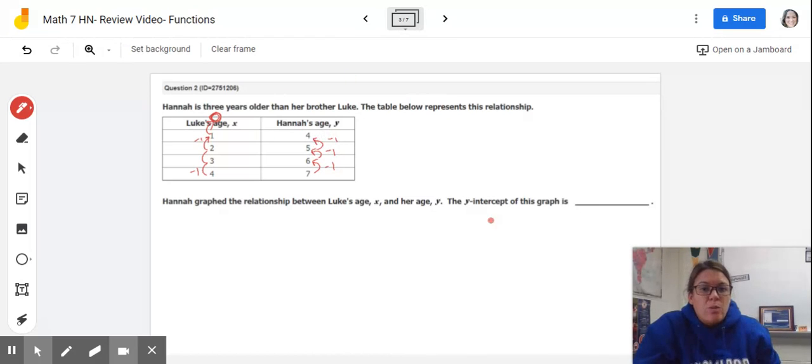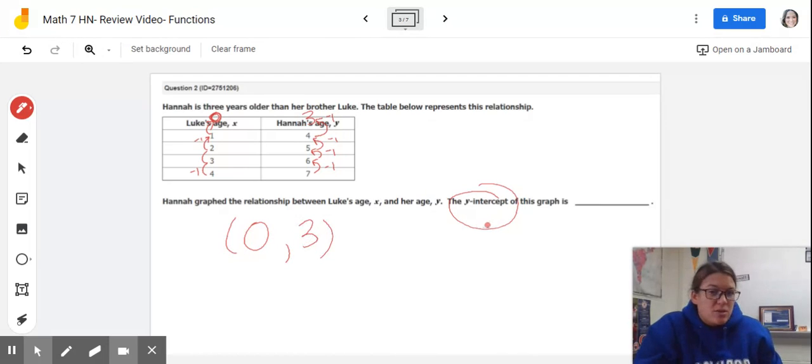So when I want to know the y-intercept, I just need to know what the y is when x equals 0. That's why I'm just trying to figure out this relationship. So if I need to go down 1 here, then I need to go down 1 on the y. So when Luke is not born, or 0, Hannah is 3.